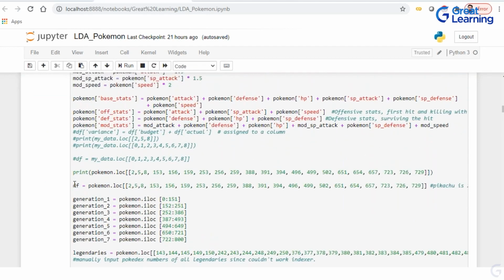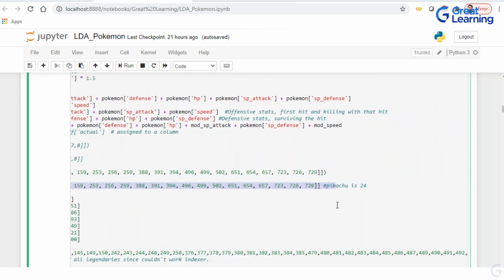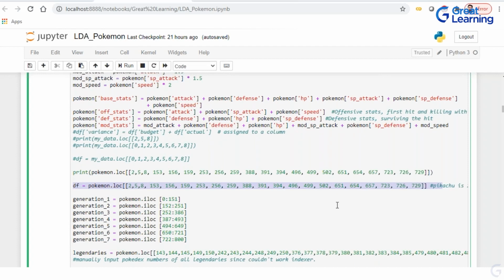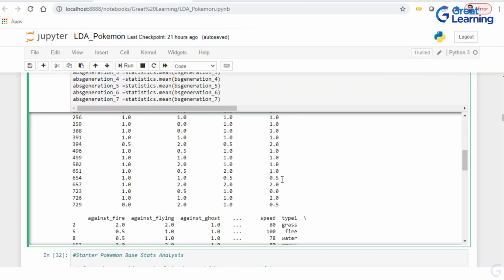So you focus on here where we have the data frame created for the specific Pokemon that we are talking about. These are specific ones that we listed. You can see these are the ones that we are talking about.